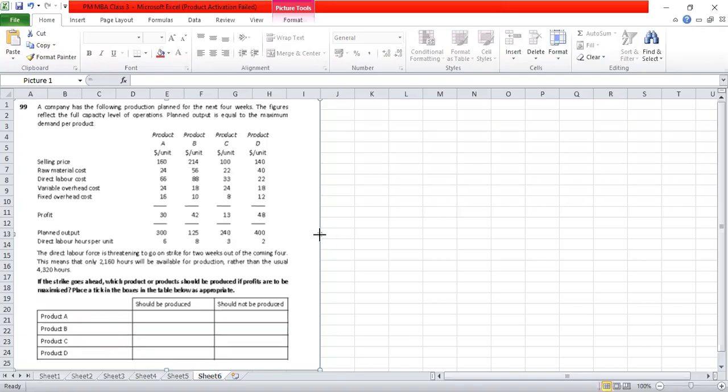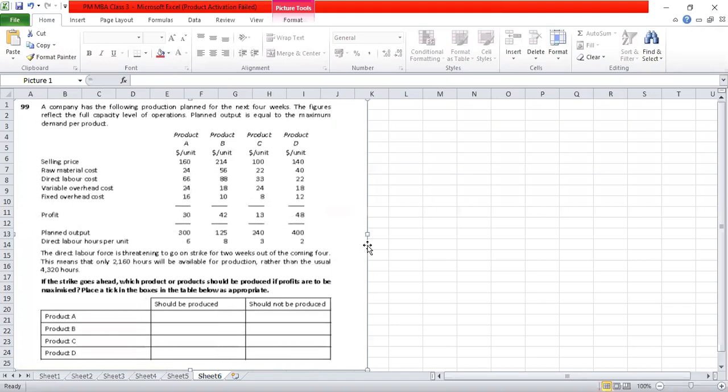Okay. A company has the following production planned for the next 4 weeks. The figures reflect the full capacity level of operation. Planned output is equal to the maximum demand per product. And we have A, B, C, D. Then selling price is given, raw material, direct labor, variable overhead. Three different variable costs are there.